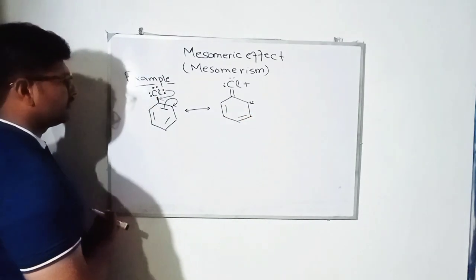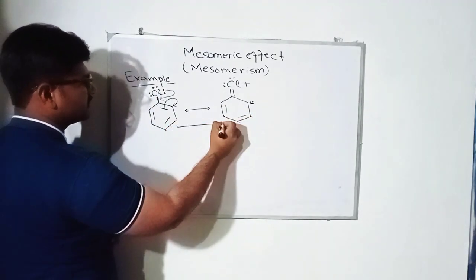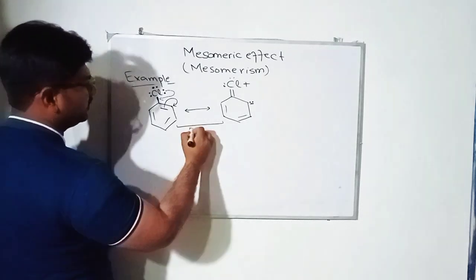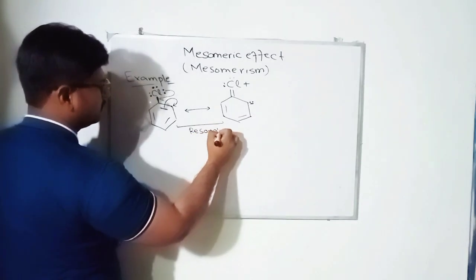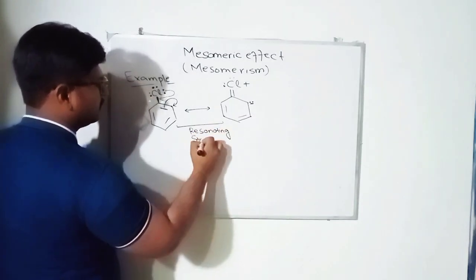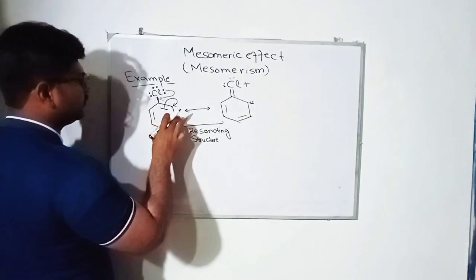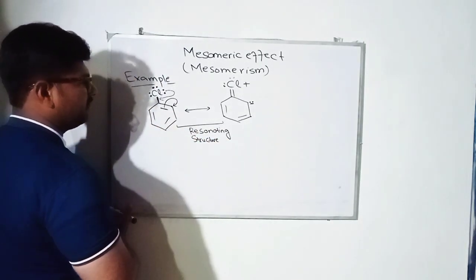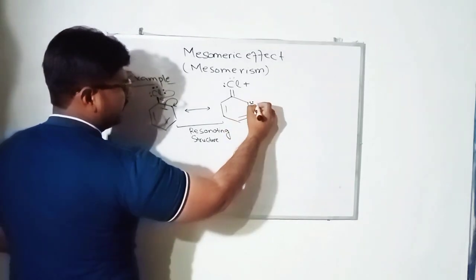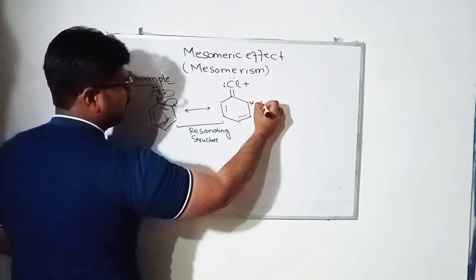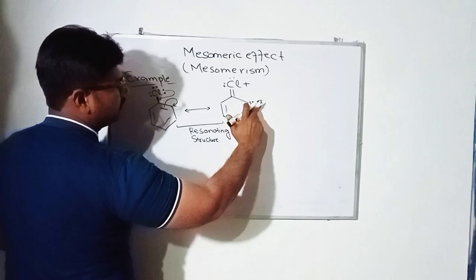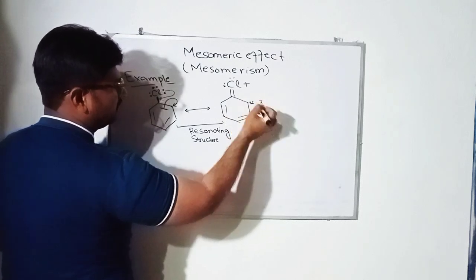Now remember that these two structures are actually the resonating structures of benzene, and the effect produced is the mesomeric effect. Remember that this is actually a pi electron that has now been converted into a lone pair of electrons on the carbon atom.